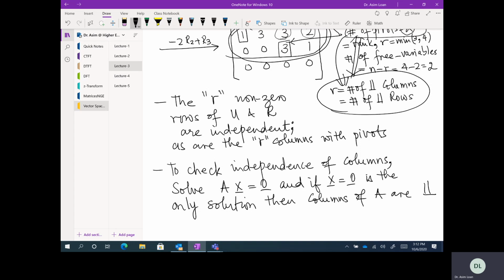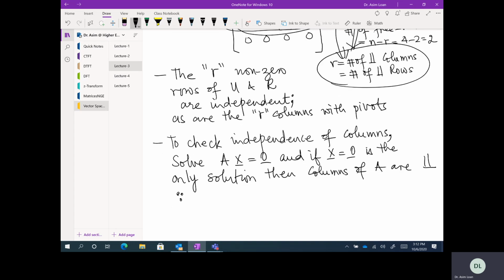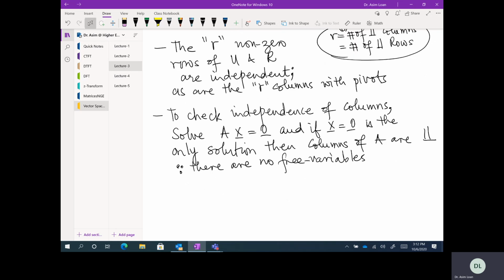Why? Because there are no free variables. It's only the free variables that give you infinitely many solutions. If there are no free variables, obviously the only solution is x equal to 0.